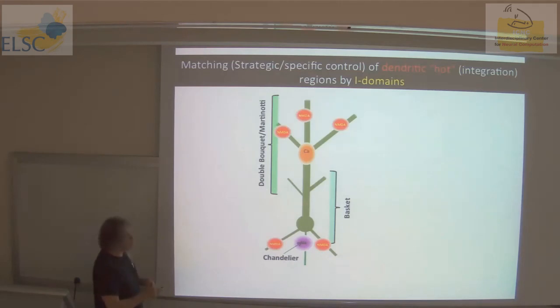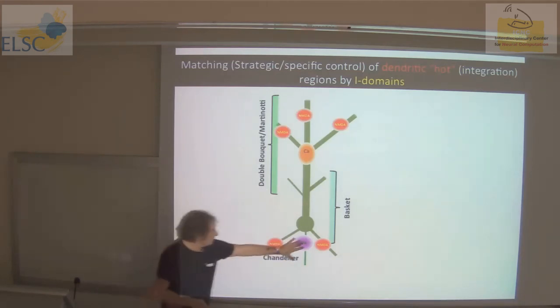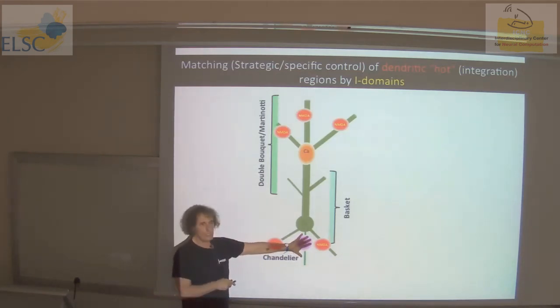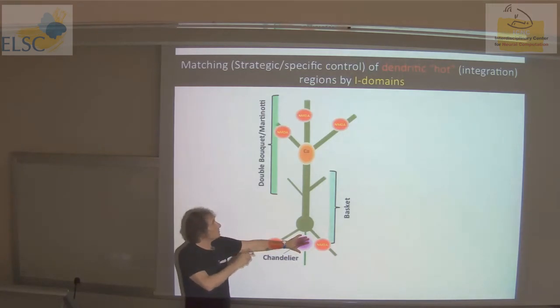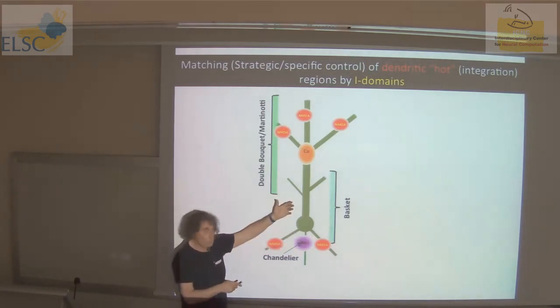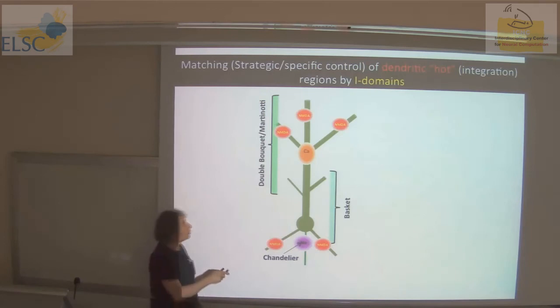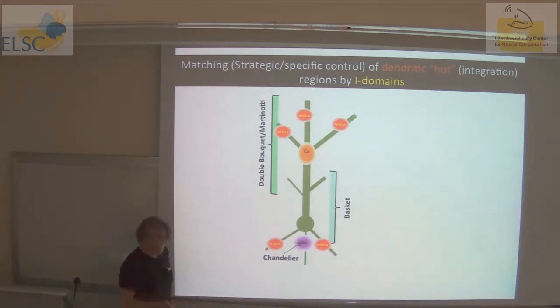But we certainly don't want to put inhibition only here, because if I would put inhibition only here, then all these nonlinearities will become free, will do what they want. I cannot control with local inhibition, let's say chandelier, this NMDA spike. But if I want to control this NMDA spike, for example, due to plasticity, I don't want this tree to be plastic.